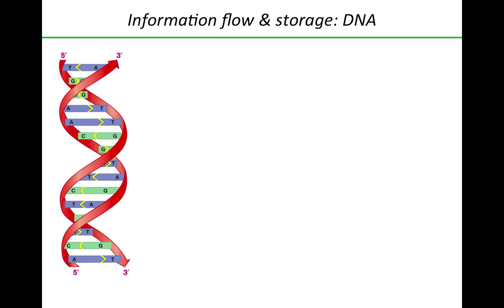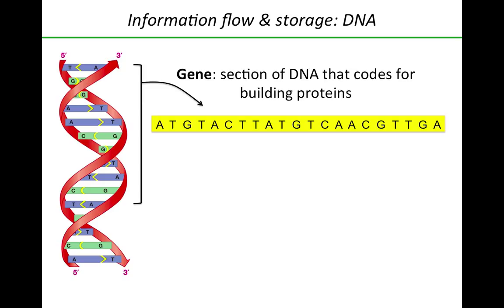So the sections of DNA that contain information that serve as this blueprint for building an organism are called genes. So a gene is just a section of DNA that codes for building proteins. And the nucleotide bases in particular are the part of the DNA molecule that contain the information to do this.